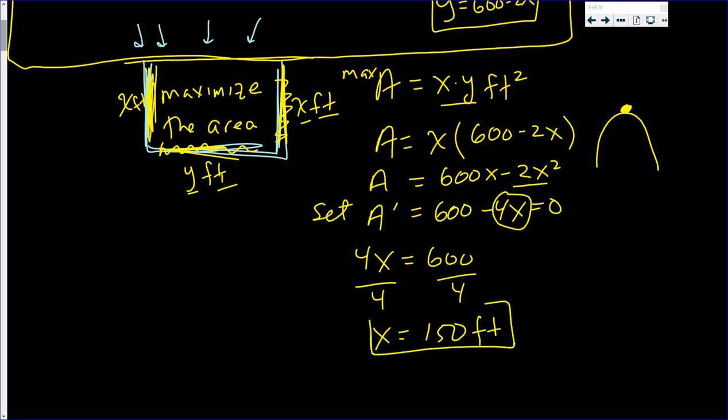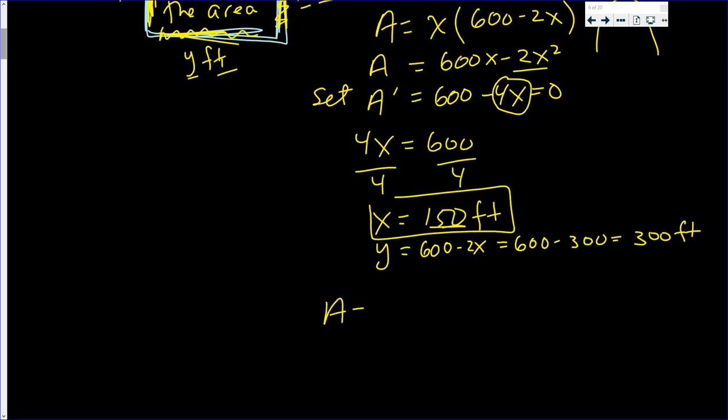Okay. So the question is, let's say maximize the area. So x is 150, and we know that y is 600 minus 2x. So it's 600 minus, well, 2 150s are 300. So y is 300 feet. Okay. Now the area we always said was length times width, which is 150 feet times 300 feet.